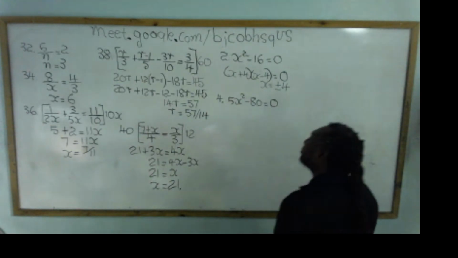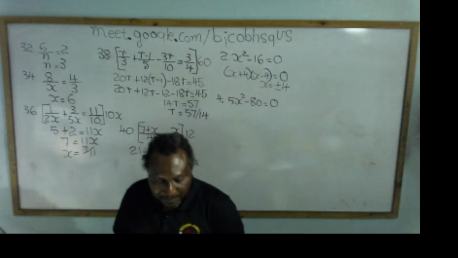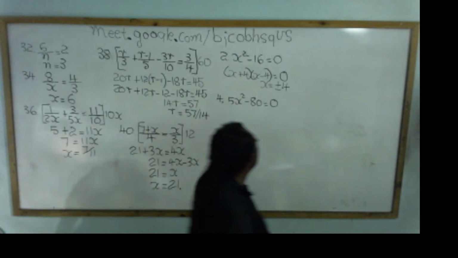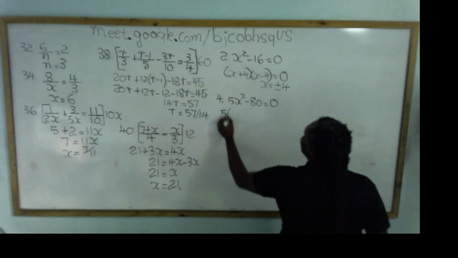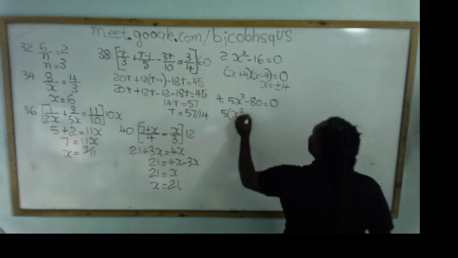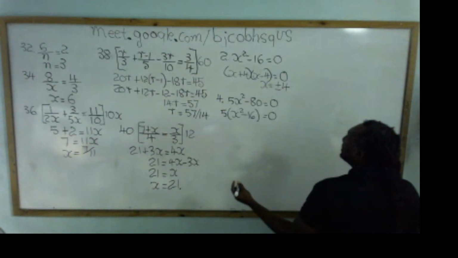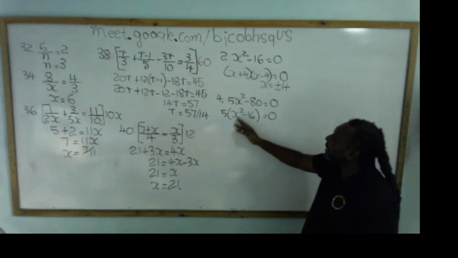What do we say about that one? 5x squared minus 80 is equal to 0. Nothing? Alright, the first approach that I will take is to take out a common factor of 5. Solve by analogy, students, because after taking out the common factor of 5, you get back the same thing here, x squared minus 16.